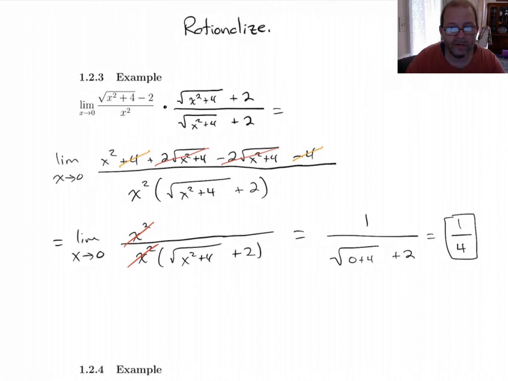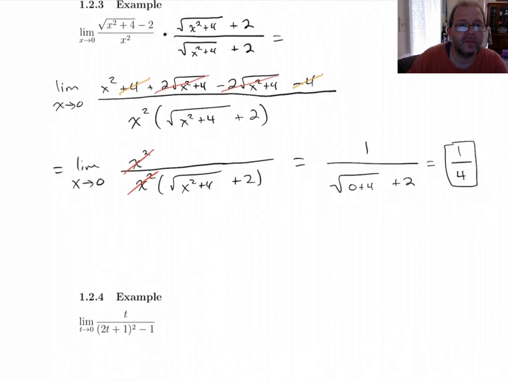And you know, if you want to, you can come over here on Desmos and graph it and see that this is what the limit is.